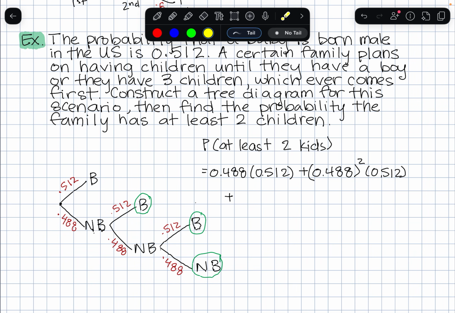Or I have this outcome, which is 0.488, 0.488, 0.488. And 3 of them would be cubed. And that is a little bit easier to reason through with a probability tree than it is from scratch in my head.